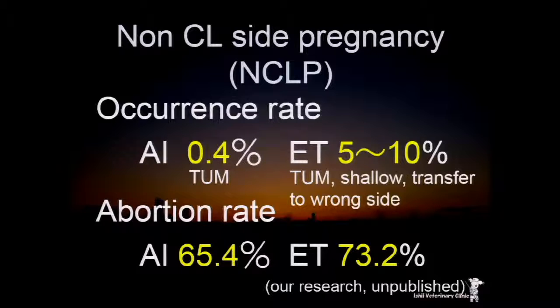In other words, this number is inferred to include cases of not only TUM, but also the transplant position being shallow so TUM easily occurred, and simply incorrectly transferred to the other side horn. Abortion rates were both around 70%, very high.